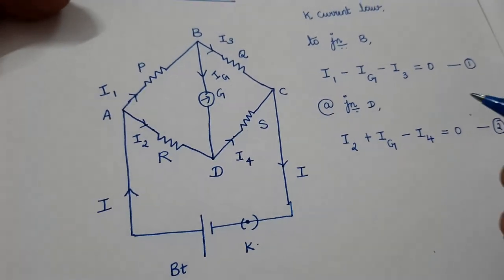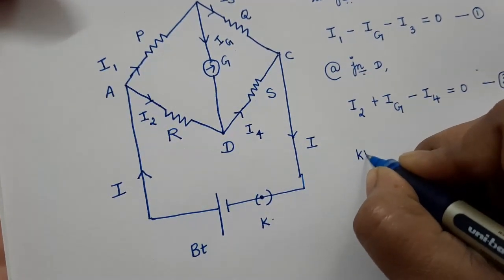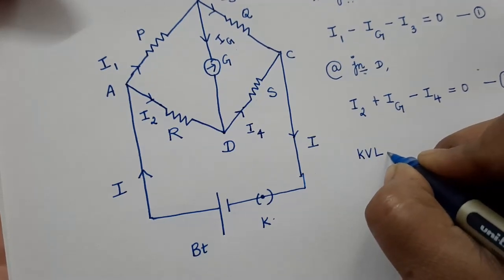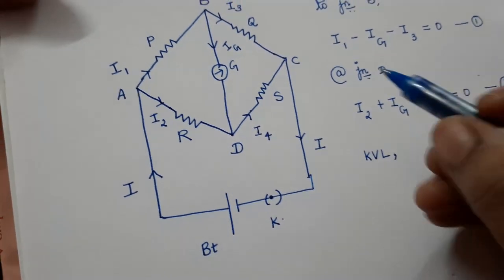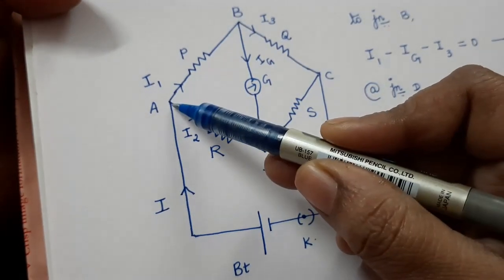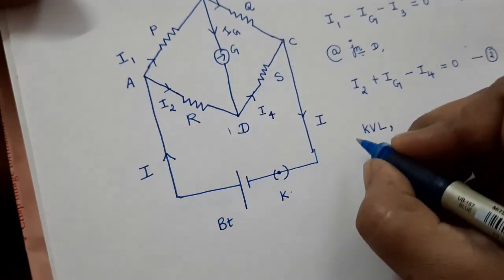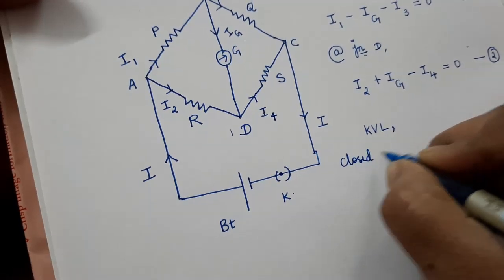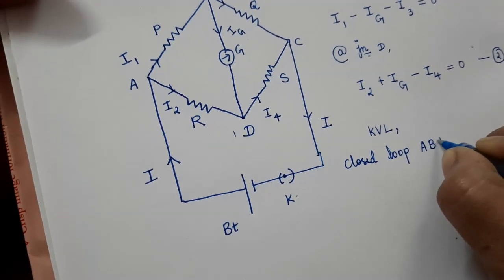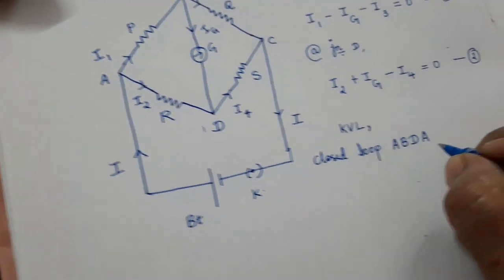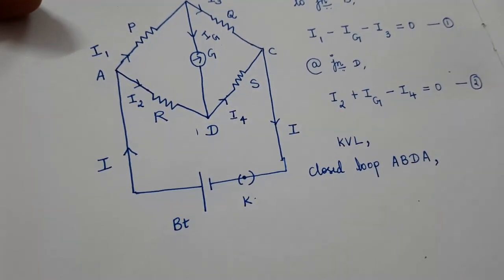Then let us apply Kirchhoff's voltage law. Kirchhoff's voltage law is applied for a closed loop. Here the first loop taken is A, B, D, A. What is Kirchhoff's voltage law?